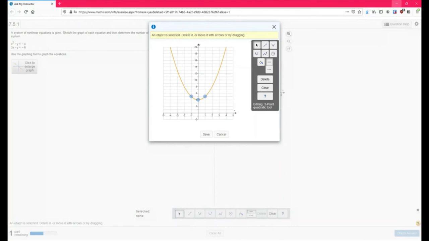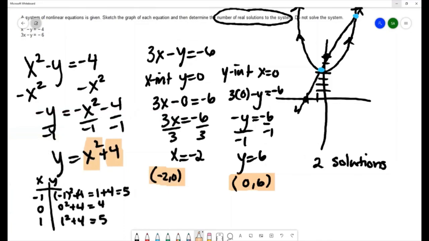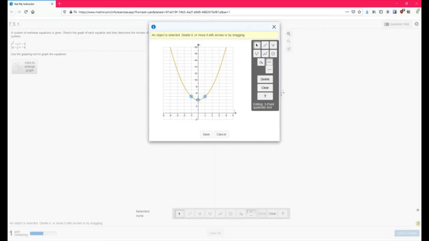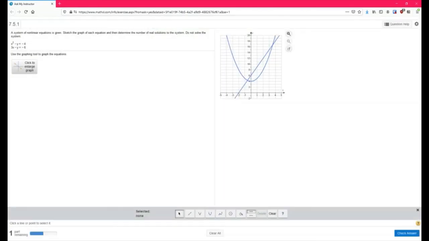Let me remind myself about what those ordered pairs are: -2, 0, and 0, 6. And we have our 2 equations for the system.